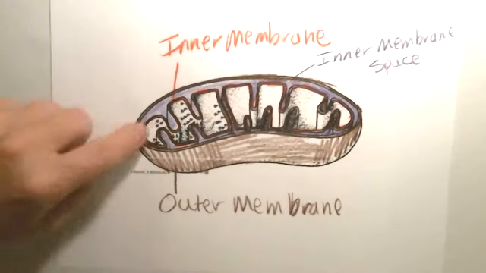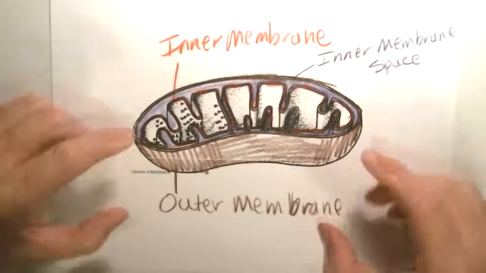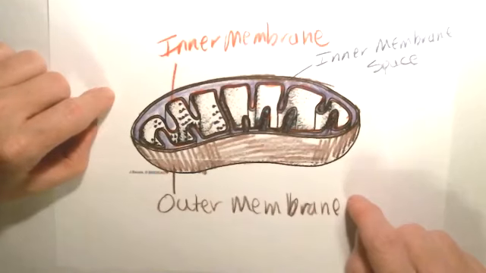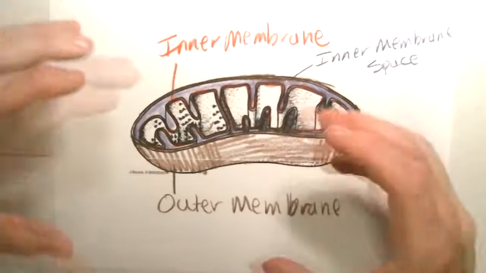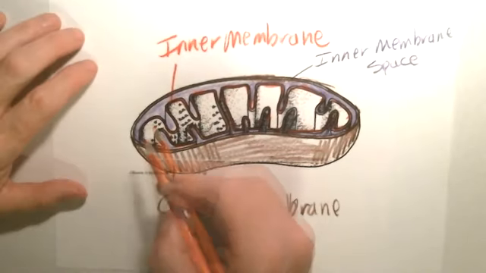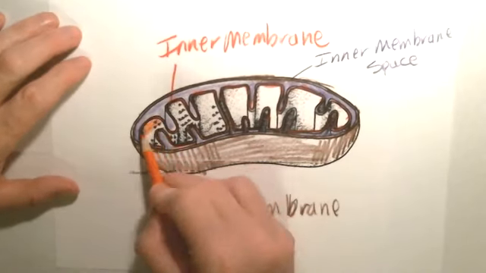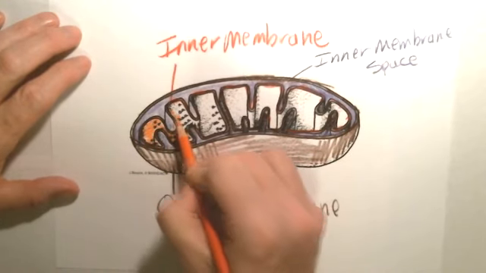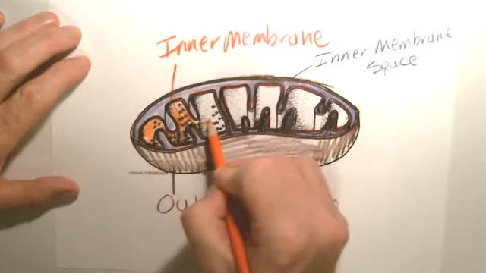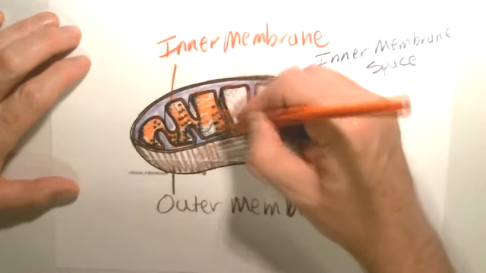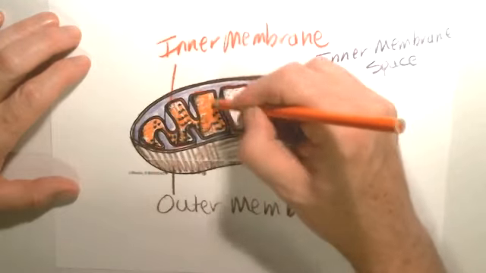Now, inside the inner membrane, so we have our outer membrane, and then we have this other membrane that's kind of all folded up with these little finger-like projections. Inside that inner membrane, we have one last area, and that last area is called the matrix, and I'm going to color that in orange. So we're going to color that part in, and it's all this area here, and it is called the matrix. Now, this is not a solution like water.